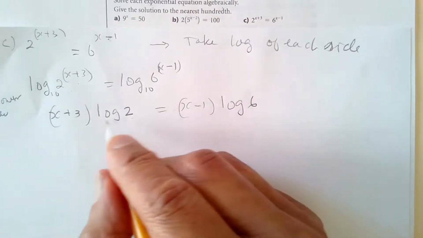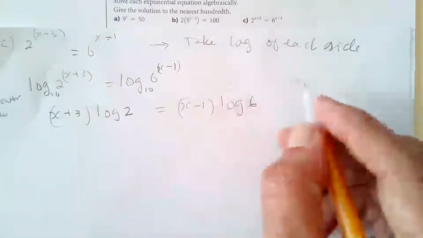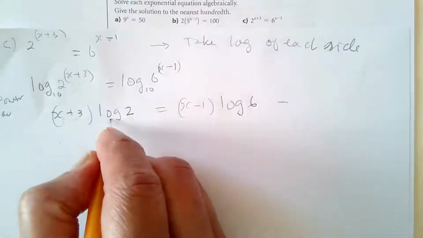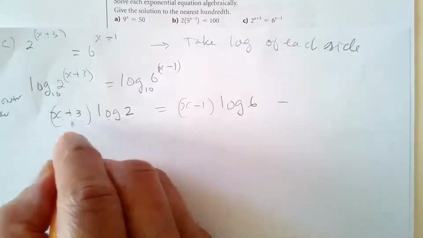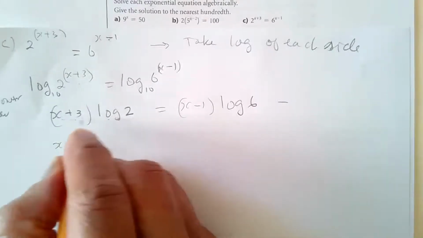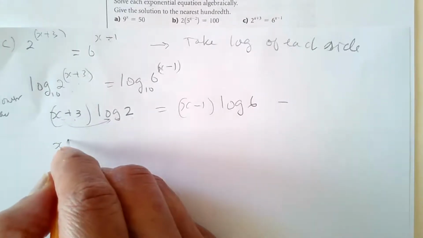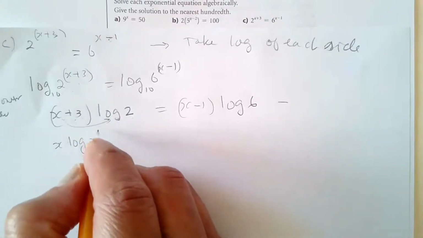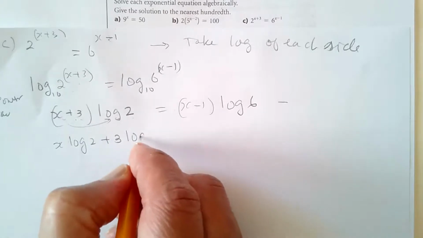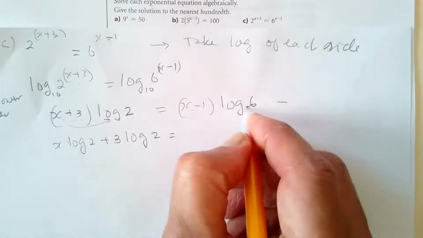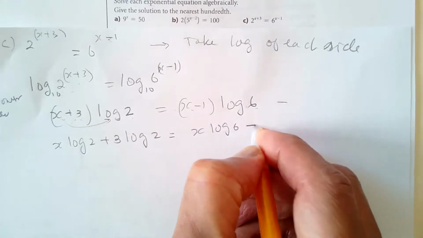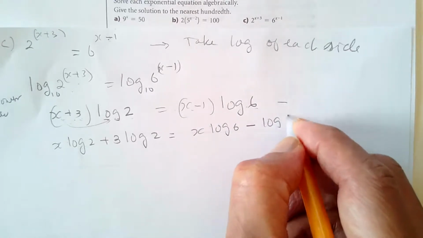Now we're going to apply the distributive law. So we have x times log 2 plus 3 log 2 is equal to x times log 6 minus log 6.